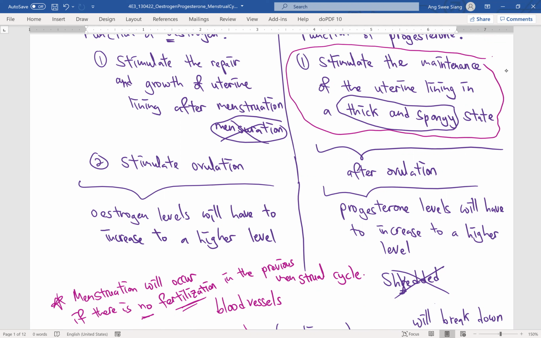So the moment the progesterone level drops below a certain level, the uterine lining will not be maintained in a thick and spongy state. That means menstruation will happen. So one of the causes of miscarriage can be the drop in progesterone level. So during pregnancy, the lady will need to go for regular checkups.